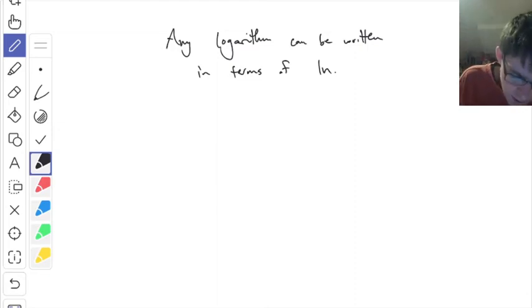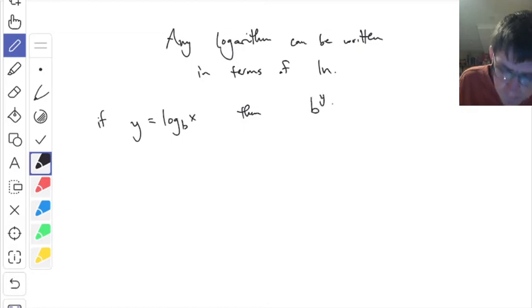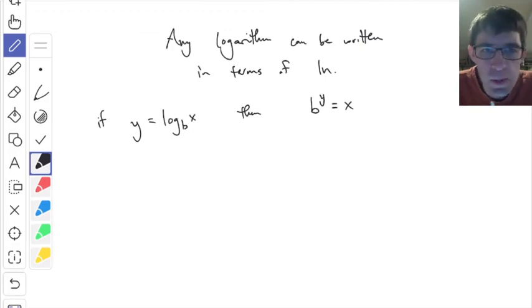And here's the idea. Like I said before, if y equals log base b of x, then that means automatically that b to the power y equals x. This is rewriting the logarithmic formula as an exponent.